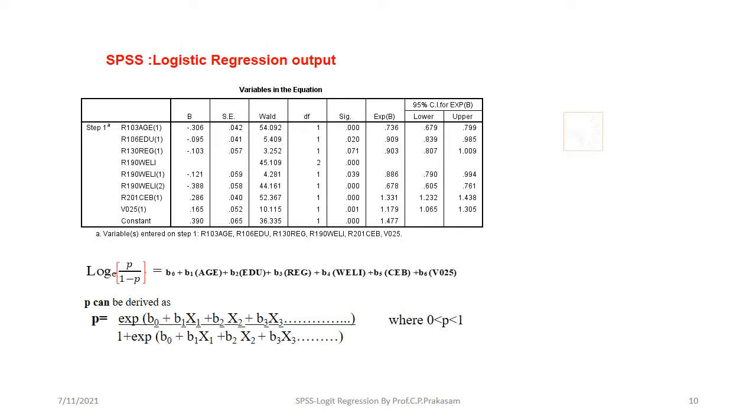Then the expected betas are calculated on the basis of p equals the exponential of the equation, that is e to the power of b0 plus b1 x1 and so on, divided by 1 plus e to the power of b0 plus b1 x1 and so on, where 0 is less than p is less than 1. But as far as the researcher is concerned, this is already calculated, and the expected betas are given in the last 3 columns of the above table.